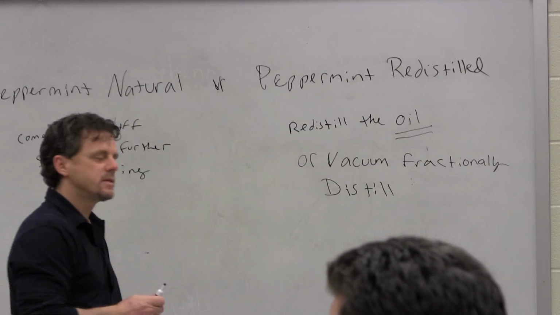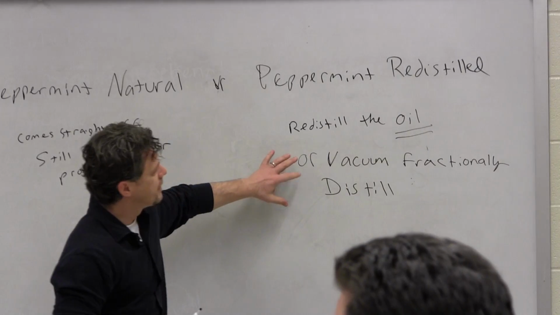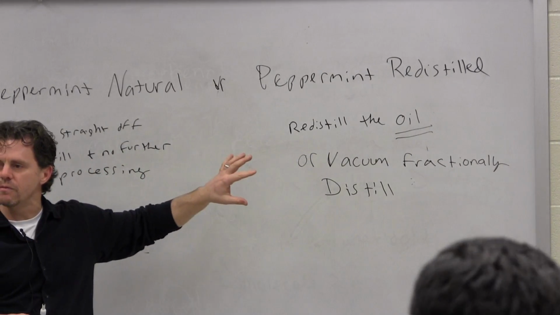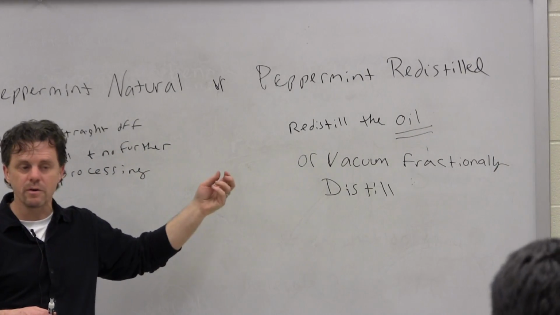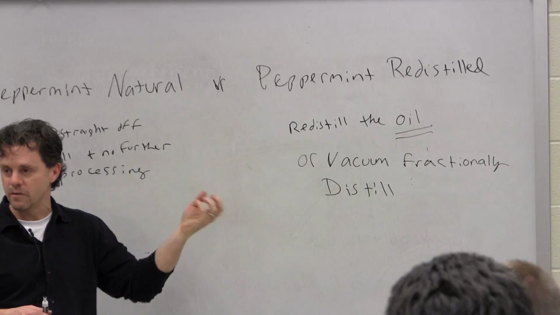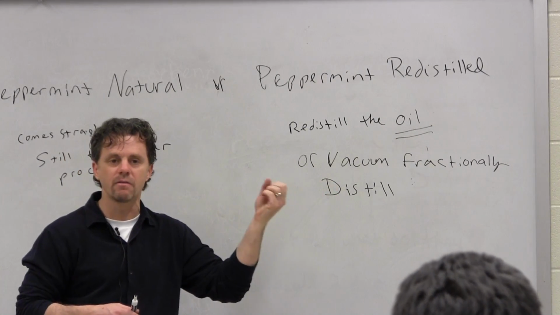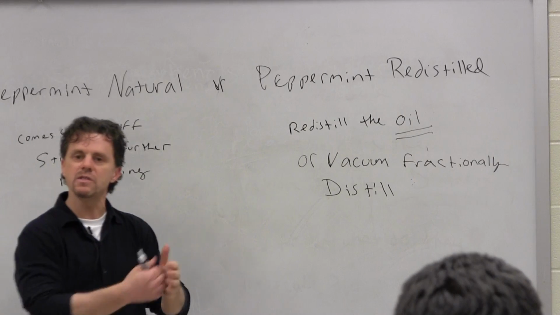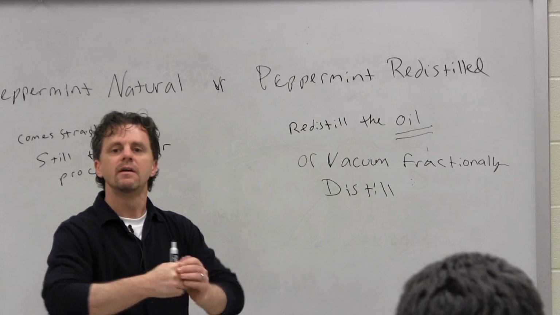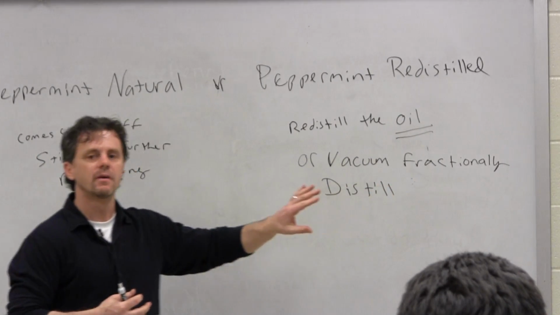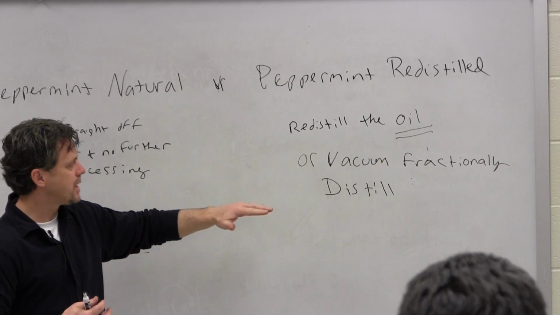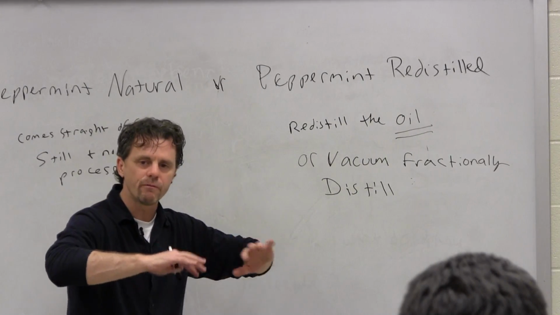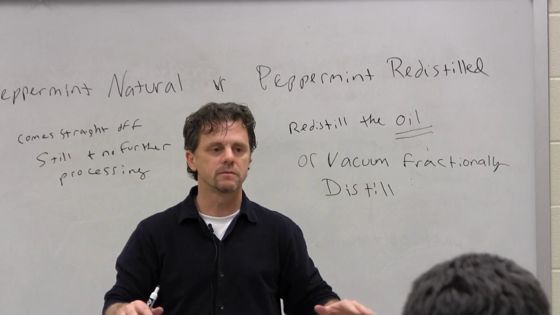Your kit is the redistilled. They'll do that to remove these components, because these components are in what's called the heads, the first stuff to come off. They're light components, the first to come off under vacuum distillation. They'll get rid of these, and when they do that, it gives a better, cleaner, fresher, sweeter oil. Did you notice the difference?